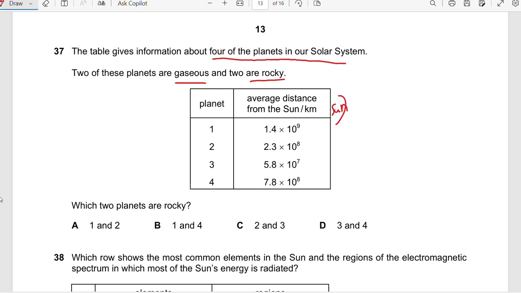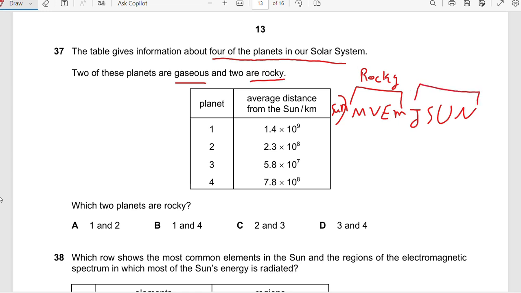As we know, we have Mercury, Venus, Earth, Mars, Jupiter, Saturn, Uranus, and Neptune. So the first 4 are rocky, and the next 4 are gaseous.